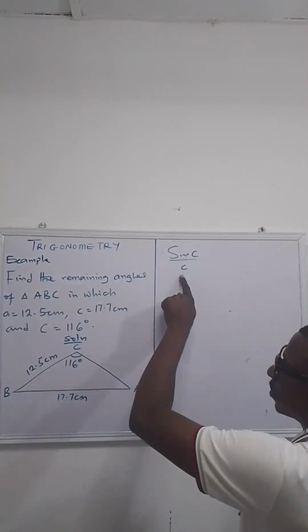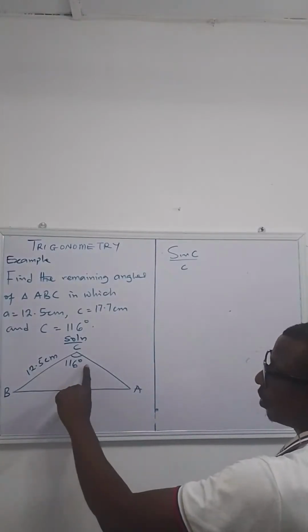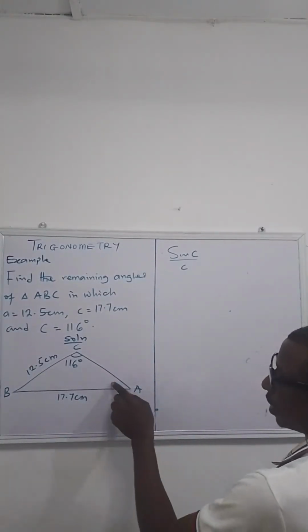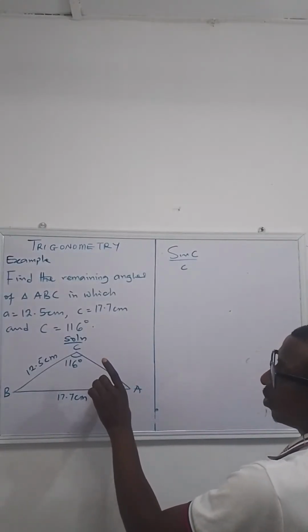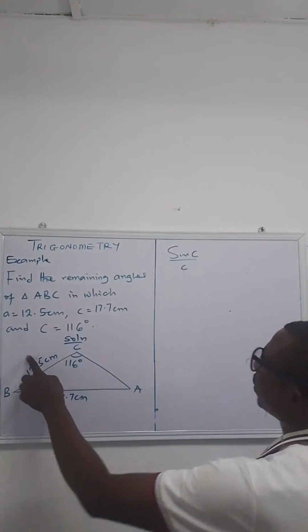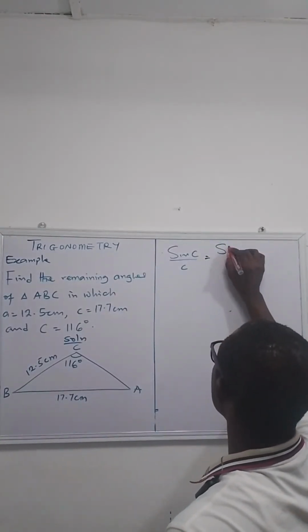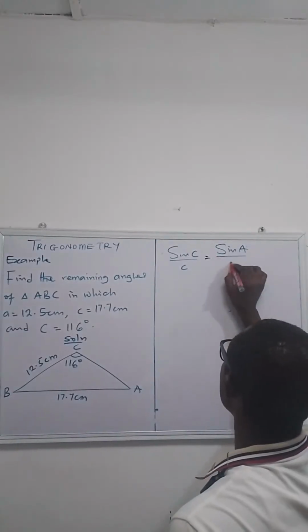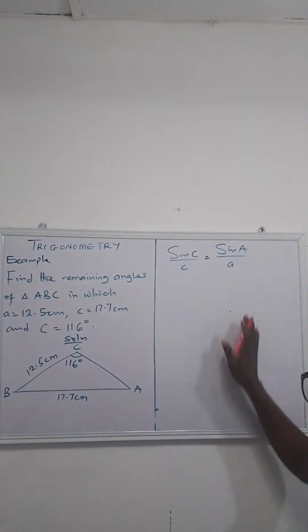Angle C is given and side c is given. Now I want to get angle A, so I'll be looking at sine A over side a. So this is going to be equal to sine A over small a. I want to believe you all understand this.